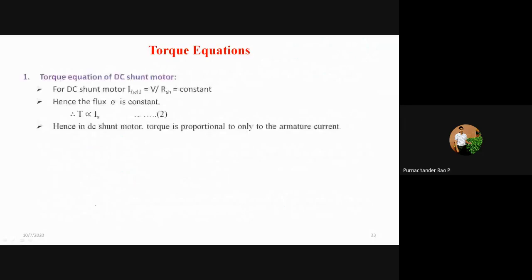So now let us consider the DC shunt motor. For the DC shunt motor, we know that the field current, the current passing through the field winding, is equal to V by RSH, and it is always a constant. So I field is constant, and therefore the flux is also constant, because the torque is proportional to the flux into IA, or to IA into I field.